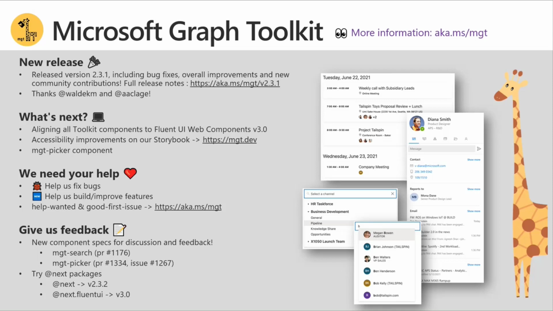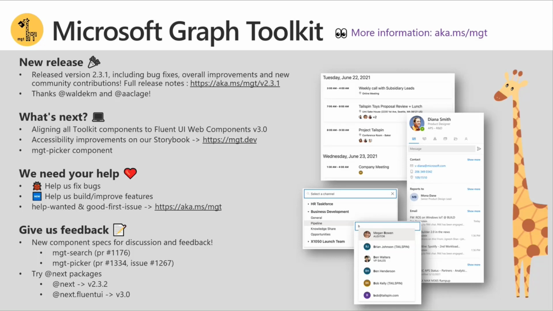What's next? We are right now aligning our toolkit to the Fluent UI web components. So the toolkit is built using web components technologies, and we're bringing the Fluent UI web components capabilities within the toolkit. So that's going to be great. Lots of amazing experiences, especially when you go from Teams to SharePoint to the Outlook client or whatsoever, wherever your code is running.